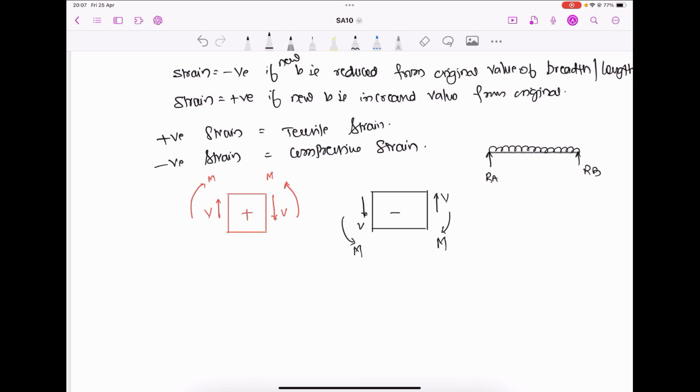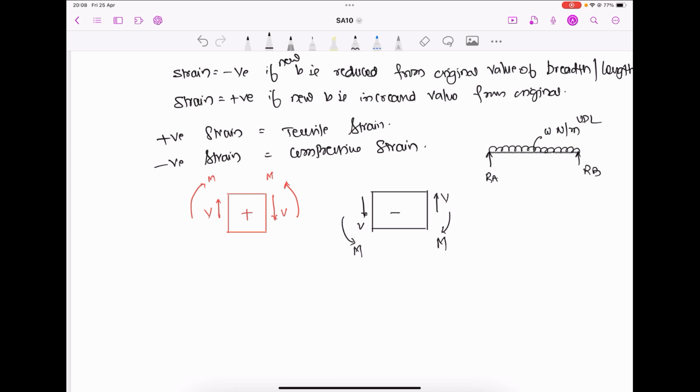Because RA on the left hand side is upwards, and W newtons per metre, UDL, is working downwards, then definitely RA and RB should counter that. Supports will counter the loads, so that the beam will not be under any movement. For static equilibrium, the upward forces are equal to the downward forces. That is as per static equilibrium.